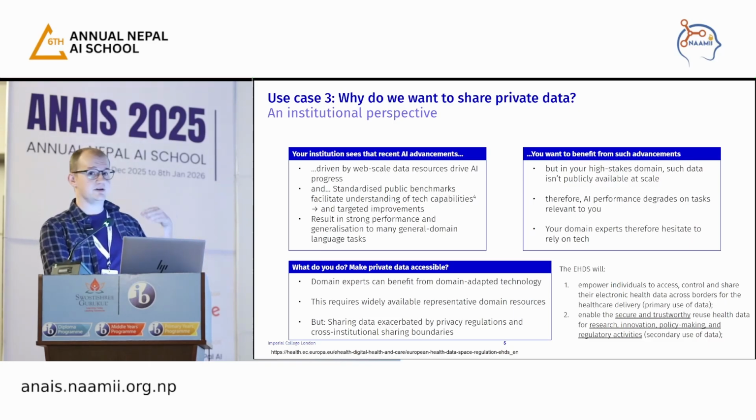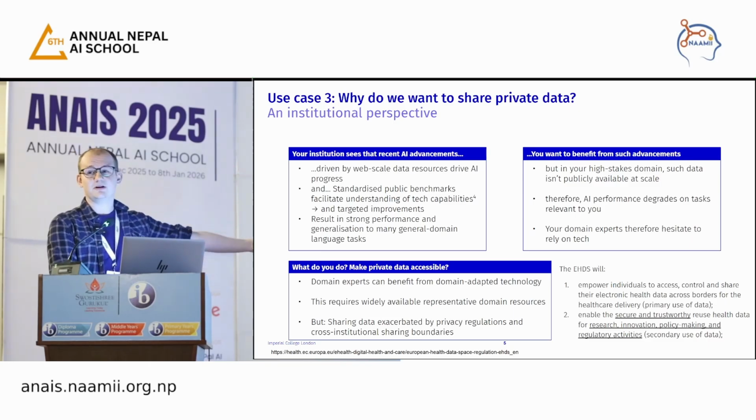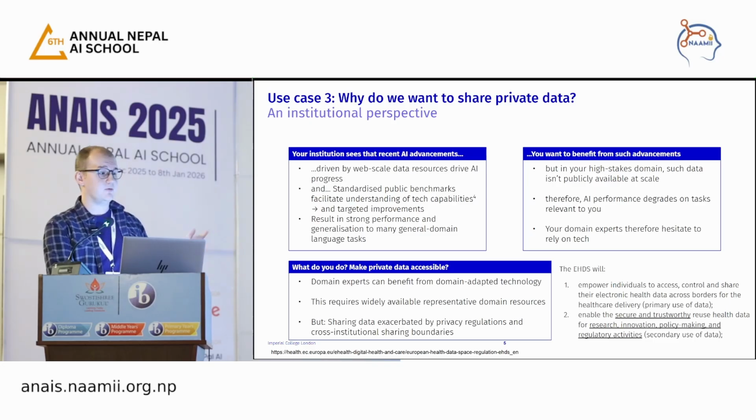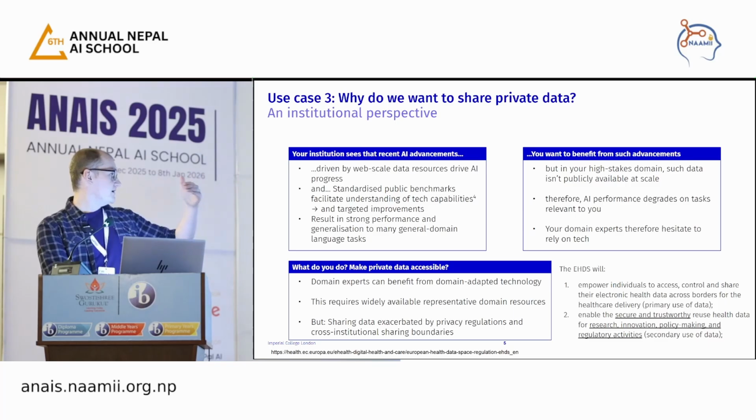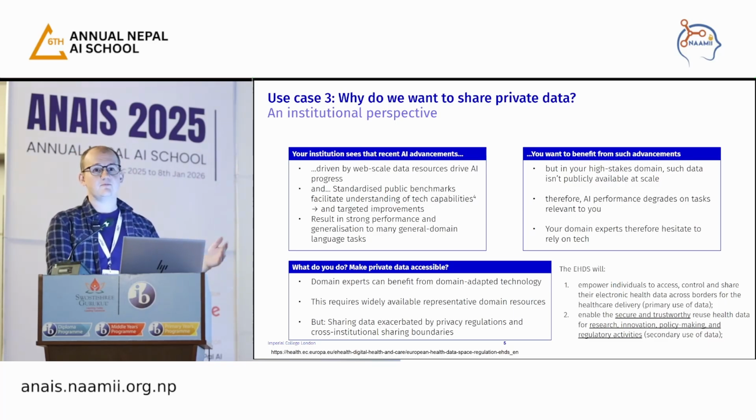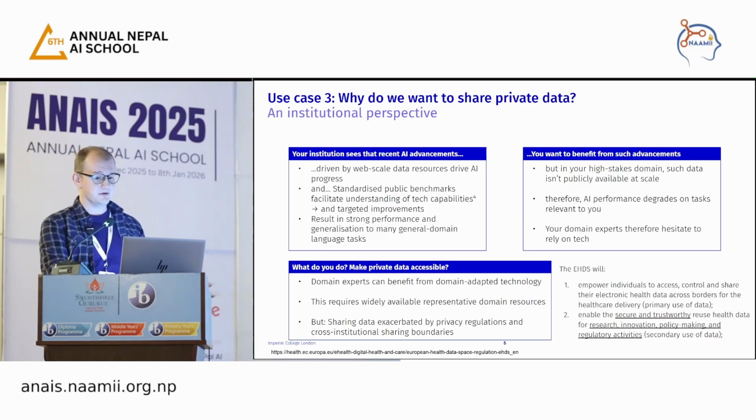So you need to make sure that your health data is available to the individuals to whom it belongs, but more importantly, second, you need to make sure that it's both secure and trustworthy, accessible to research, innovation, policymaking, and regulatory activities. That means that at some point, a university somewhere in France might say, hey, I want to have access to all French people's health records under this law. So then somehow I need to be able to provide this access, right? And at the same time do it securely and trustworthily. So it is a very real problem that is going to happen relatively soon, right?